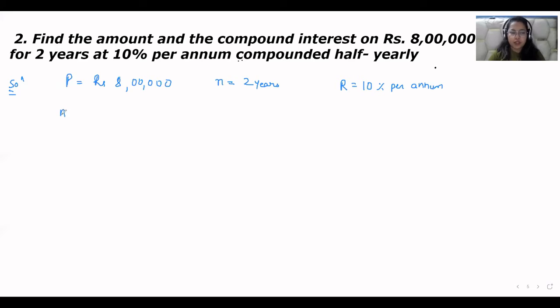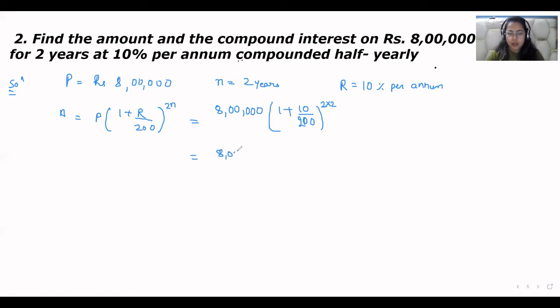So the amount after 2 years is principal times (1 plus rate over 200) to the power 2n. The principal is 8 lakh, times (1 plus 10 over 200). 2n means 2 times 2, which is 4. So it becomes 8 lakh times (1 plus 1 over 20) to the power 4.